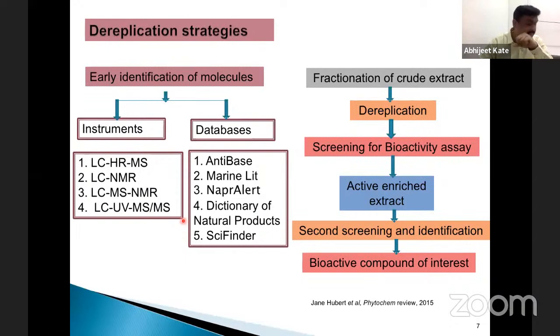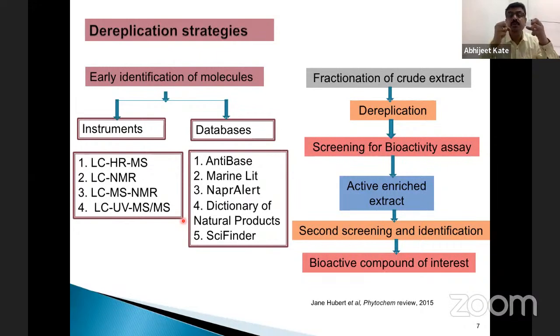So what are the different strategies, I would say? And what I mean by strategy, I just wanted to quickly give you a highlight of this. Like I said, it's the early identification of the molecules with instruments like LCHRMS, LCNMR, LCMSMS, and so on. Now, if it is MSMS or LCUV, we generally use our own databases, where we create these databases with the compounds which are already isolated.